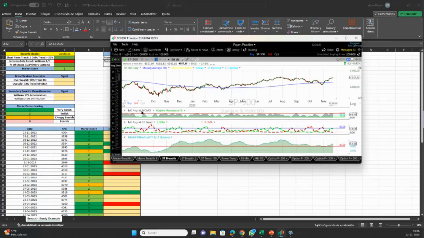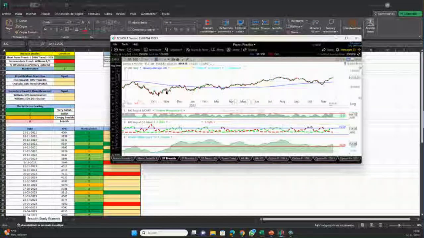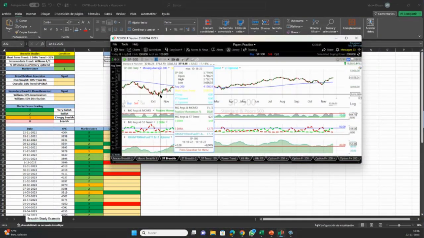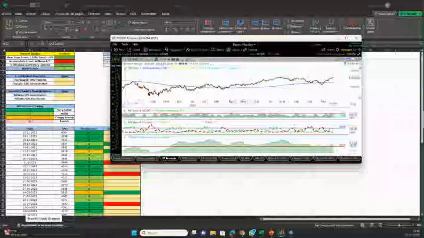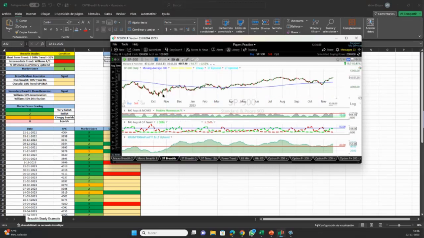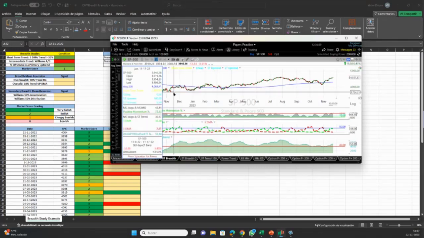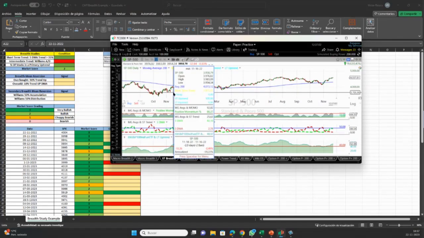So this is the power. If you have something that makes sense to you, and you've tried it, and you prove it to be effective, here most people still were very bearish, but my own studies were showing me the market was bullish. So 22 November, this is when the bear market was ending.